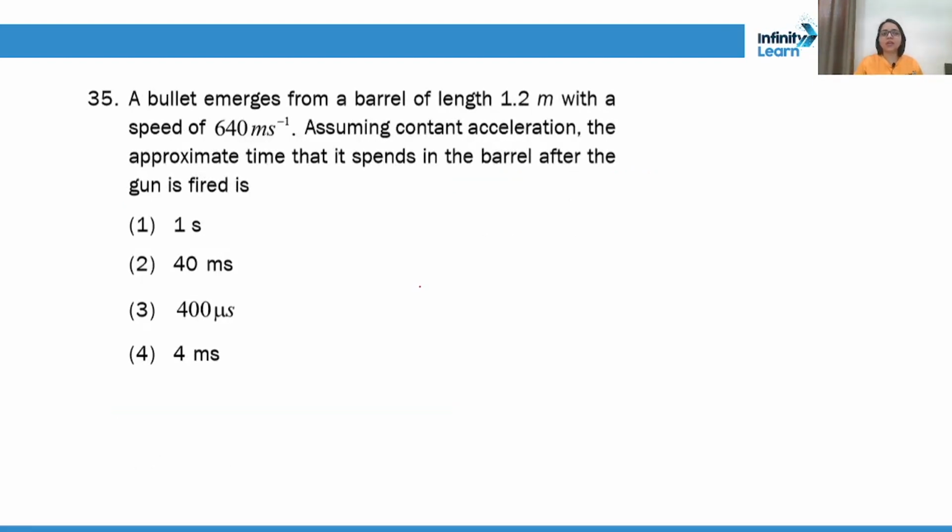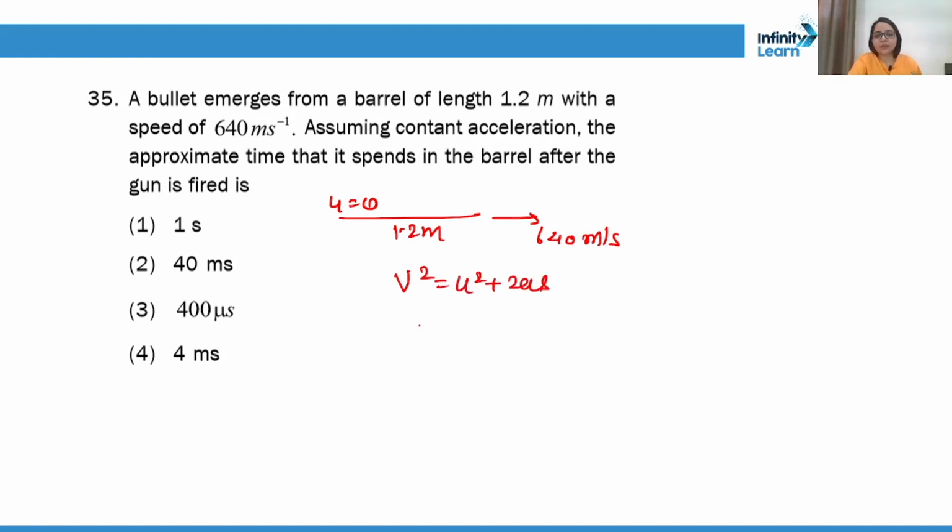Question number 35. A bullet emerges from a barrel of length 1.2 meter with a speed of 640 meter per second. Initial velocity is 0. Assuming constant acceleration, the approximate time it spends in the barrel after the gun is fired is? Let's find the acceleration first. v square = u square + 2as, so 640 square = 0 square + 2a(1.2).